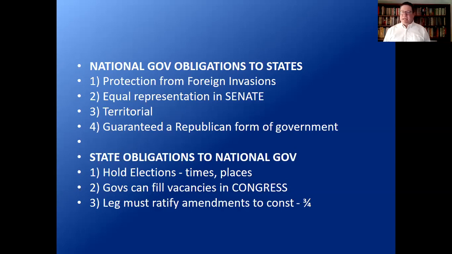The territorial integrity of states is also guaranteed. What this means is that Congress or the federal government in some way, shape, or form cannot divide up states, for example. So California is an enormous state, has 54 members of the US House of Representatives. It's got an enormous amount of influence on the federal government.